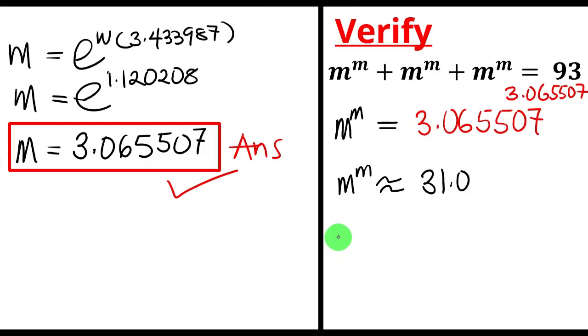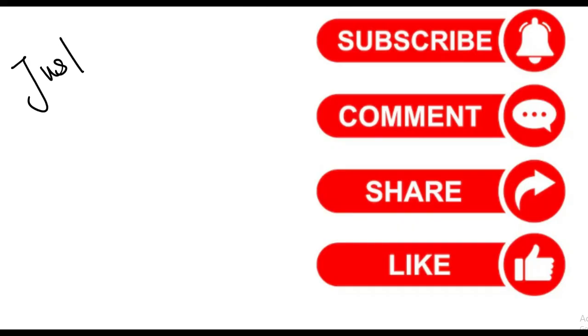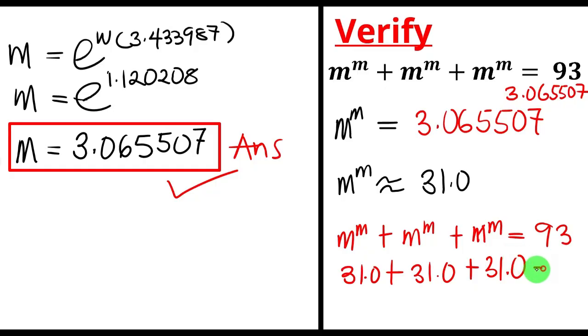And we can say that m to the power of m plus m to the power of m plus m to the power of m equals 33. It can be written as 31.0 plus 31.0 plus 31.0, which equals 93. That is 93 equals 93. That shows that this value of m is correct.